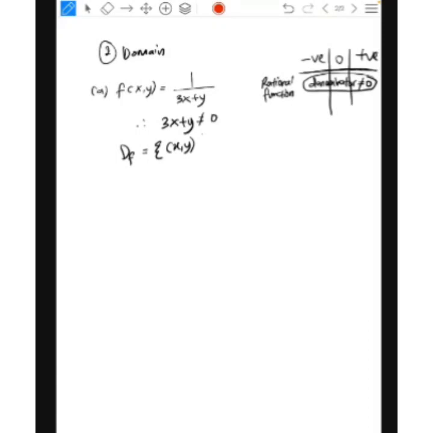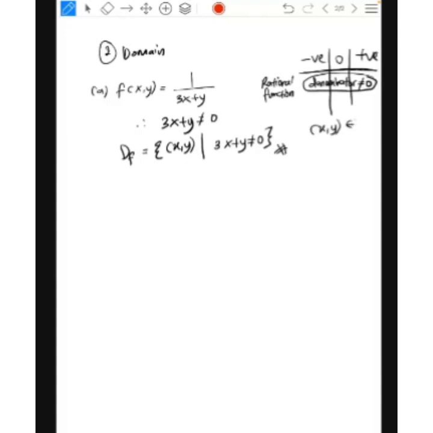So (x, y) in which 3x plus y cannot be equal to 0. That's it.